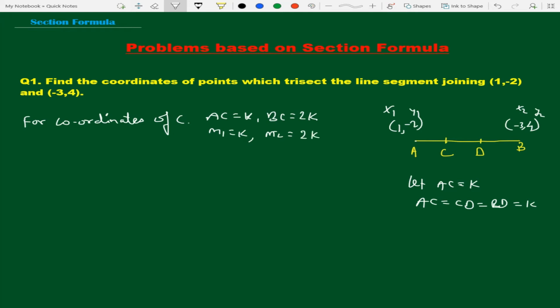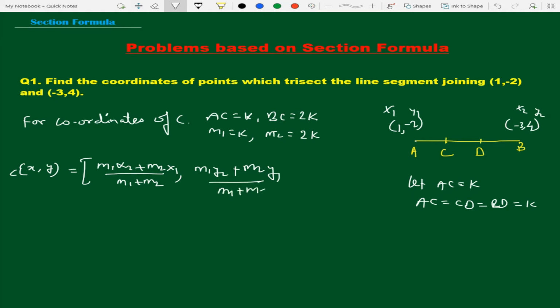Now coordinates of C, let (x, y). So using section formula for internal division, (m1 x2 plus m2 x1) upon (m1 plus m2), comma (m1 y2 plus m2 y1) upon (m1 plus m2).